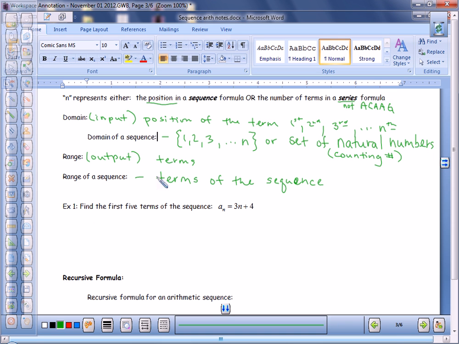So let's say it says find the first 5 terms in the sequence. So I'm going to make a little table here.